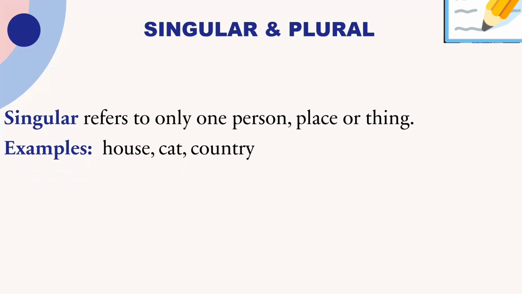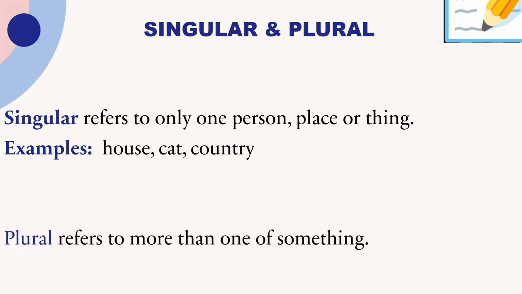Country. Here we're talking about one country. So here we're not talking about houses, cats, countries. We're talking about one house, one cat, one country. That's why they are called singular nouns.